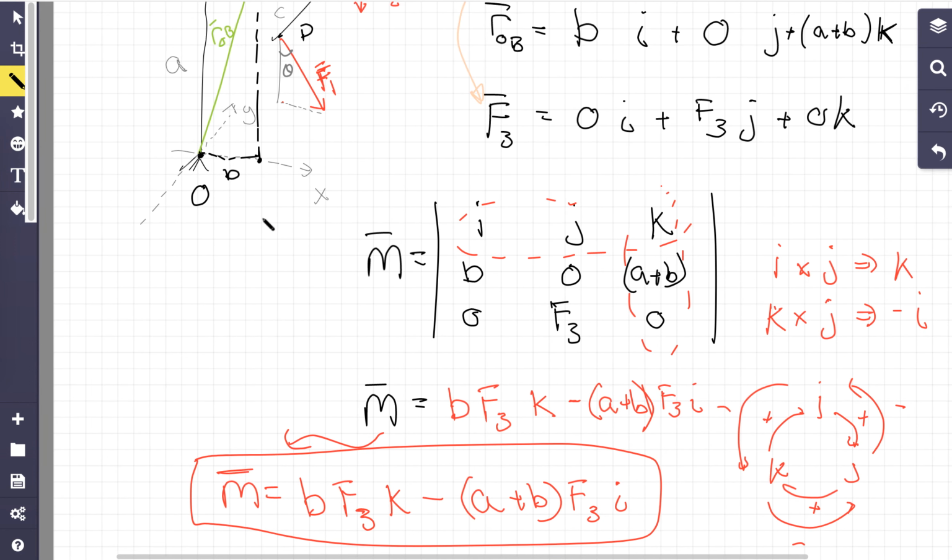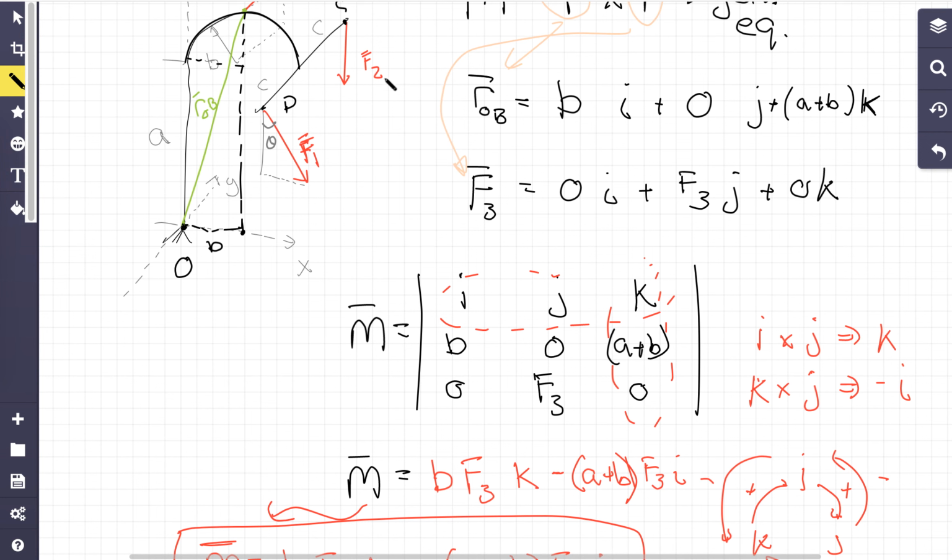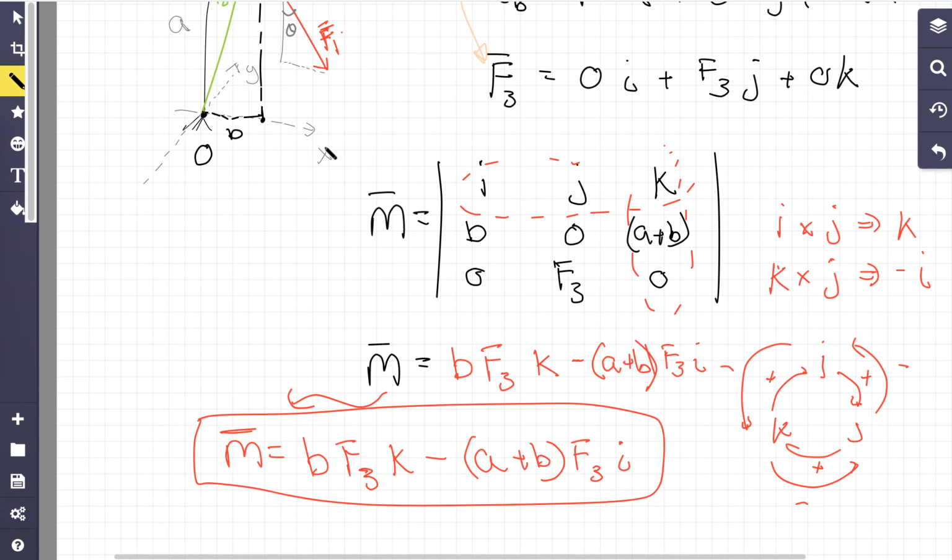So we have to do a cross multiply of r times f2 and a different r times f1. So be very careful.